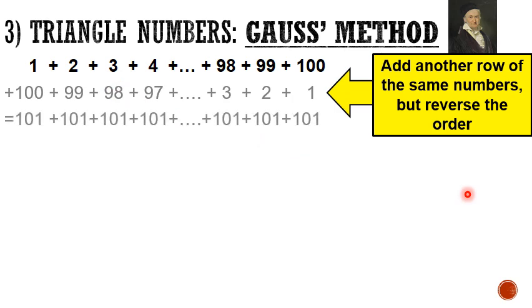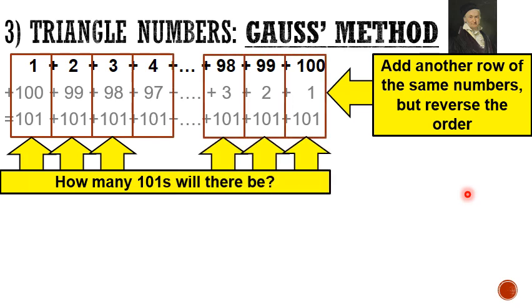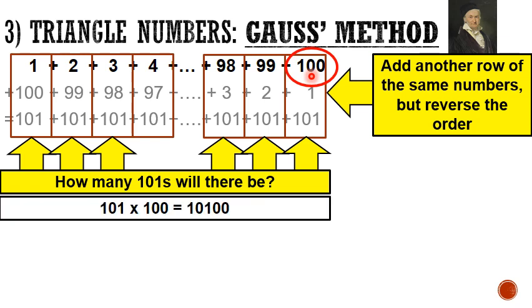So each pair will be 101. Then how many 101s would there be? There will be 100 groups of 101. So the answer will be 10,100.